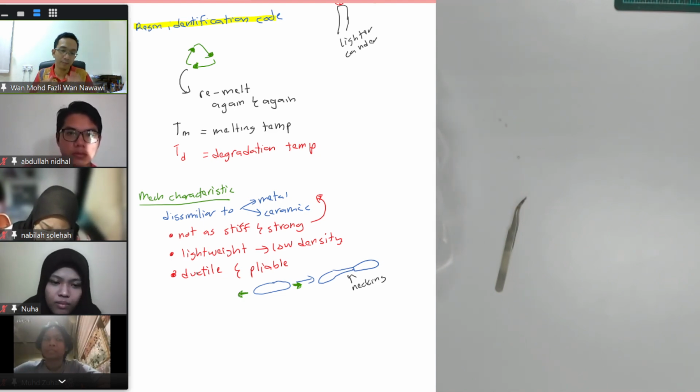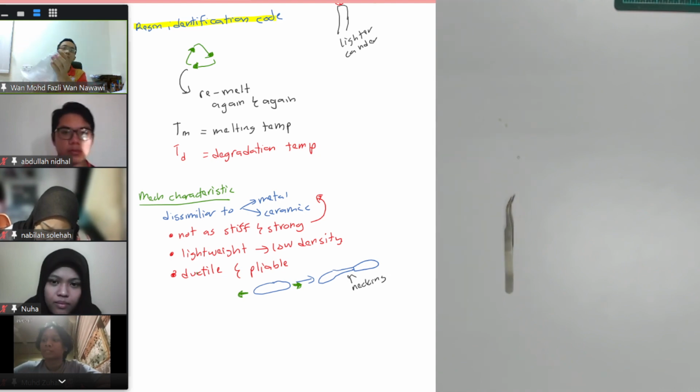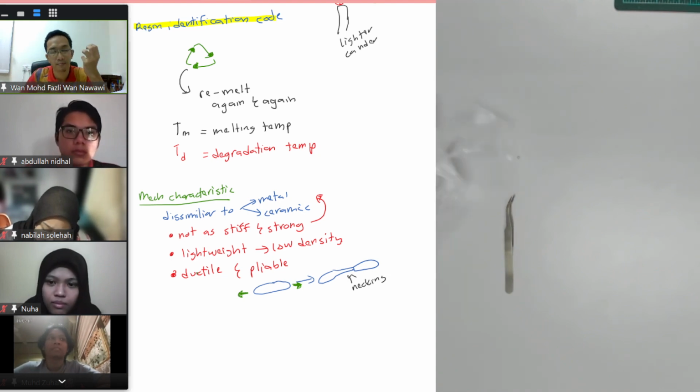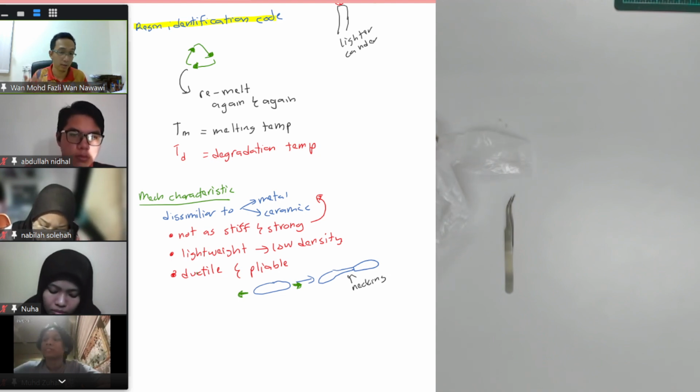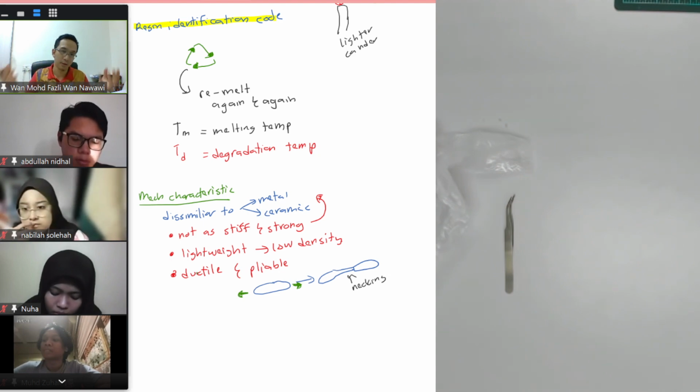And also pliable, meaning that you can easily bend it like this, and it makes plastic easy to mold. You can mold plastic into many different shapes.